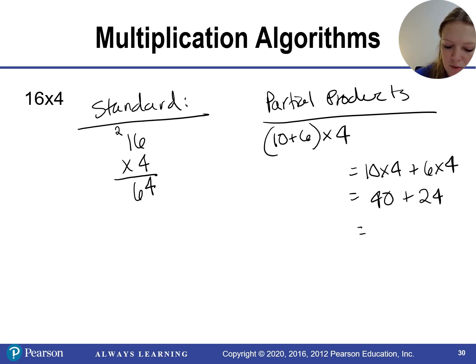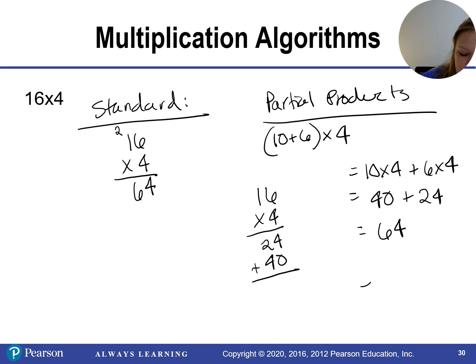So I have a total of 64, which gives us the same result. We could also write this in the vertical format by saying, okay, 4 times 6 is 24. 4 times 10 is 40. And I add them together. So I have 4 ones and 6 tens, or 64.